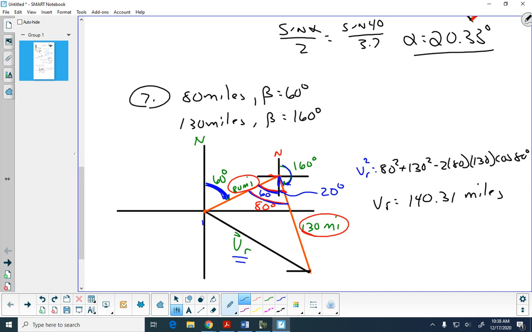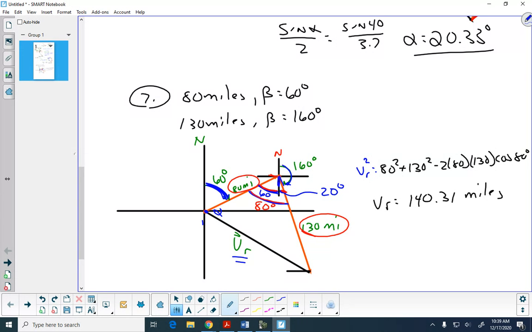The next thing we need to do is find a direction, which means you need to take it back to bearing. What you're looking for is what is my rotation from here all the way down to here. So we're still going to look for an alpha value. Here's your original origin. This will be the alpha value that you're going to be looking for. Go ahead and set yourself up.